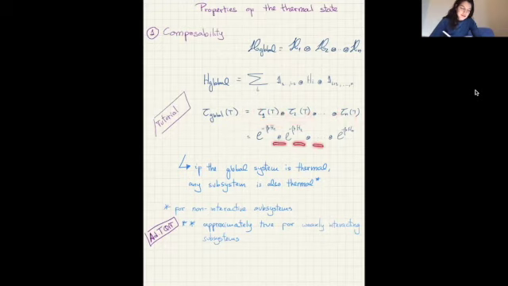So it looks kind of like this, divided by the normalization, this partition function.